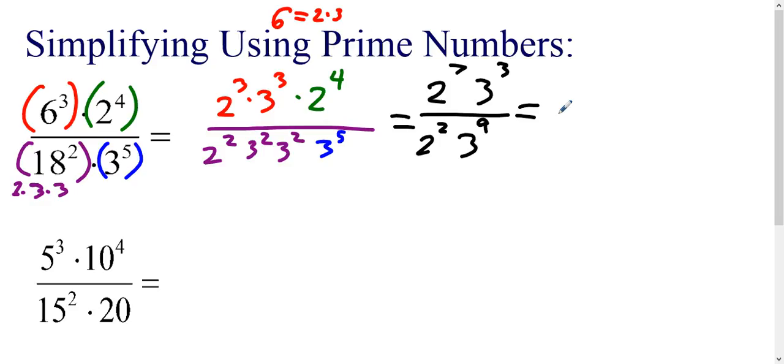Still fractions, so we can simplify that. 2 to the 7th, 2 squared, you can subtract. There's more in the numerator, so we'll keep it in the numerator. And with the 3's, there's more in the denominator, so we will subtract and keep it in the denominator, because that's where there's more. 9 minus 3 is 6.